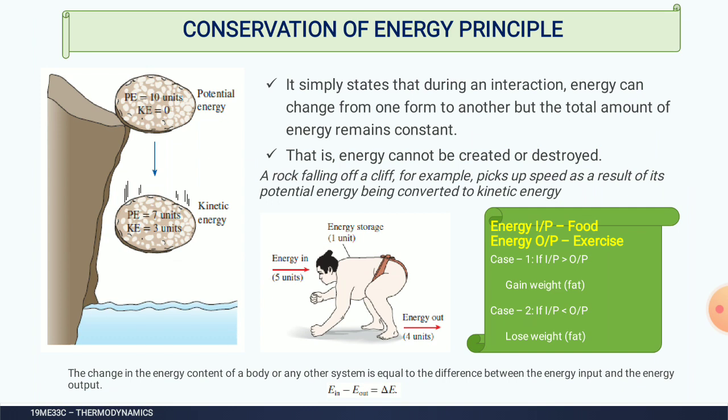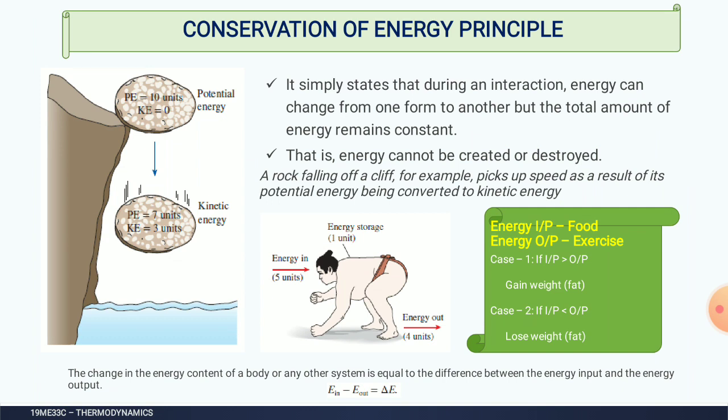The conservation of energy principle also forms the backbone of the diet industry. A person who has a greater energy input, that means food, than energy output, which is exercise, will gain weight, as energy is stored in the form of fat, and a person who has a smaller energy input than output will lose weight.